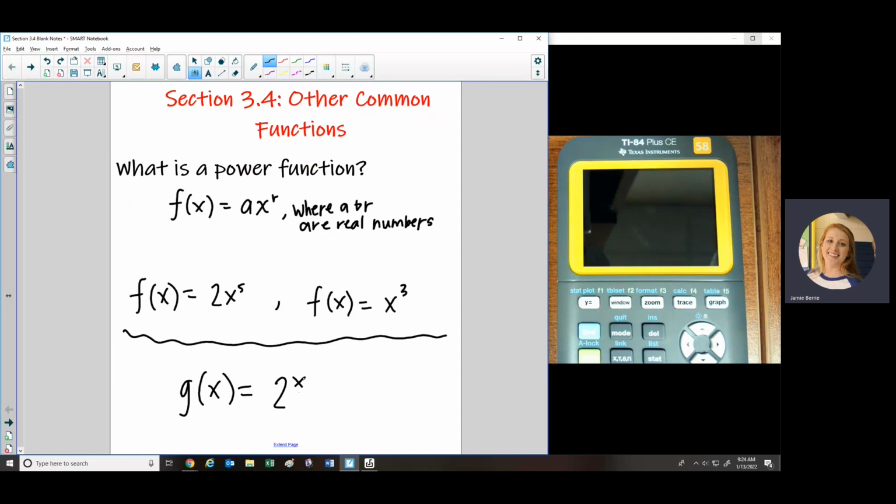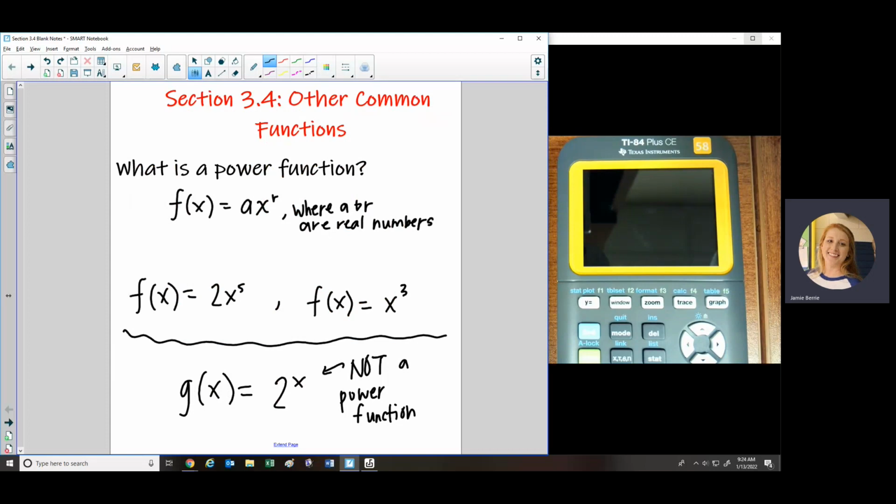Maybe that's a power function. This is not a power function because power functions have fixed powers. All right, so their exponent should not be changing. And here your variable is in the exponent, which means that your exponent would be changing. So the exponent needs to be a fixed number in order for it to be classified as a power function.